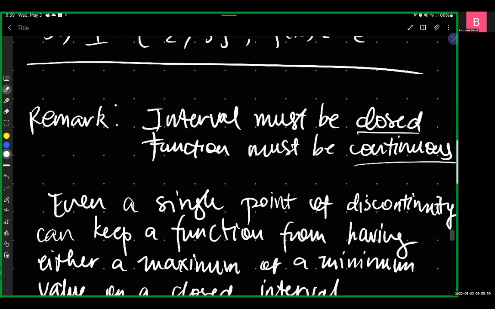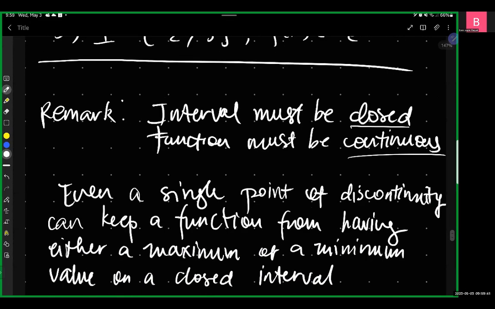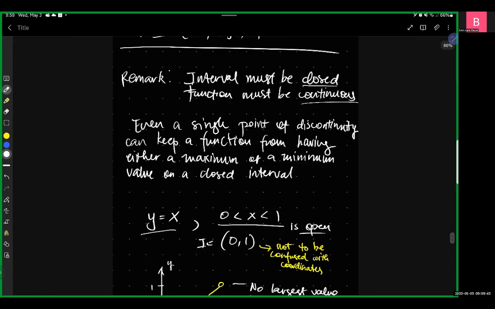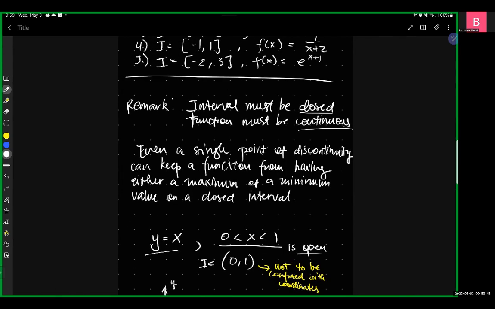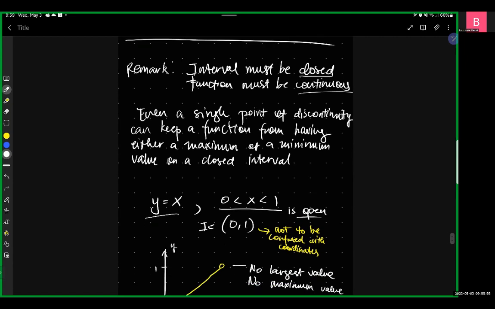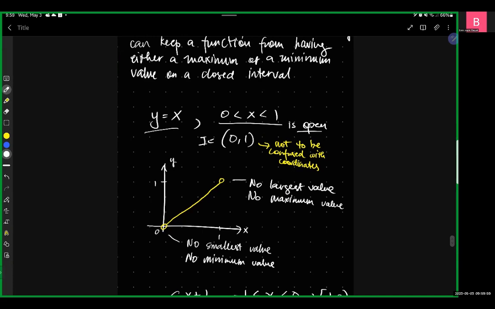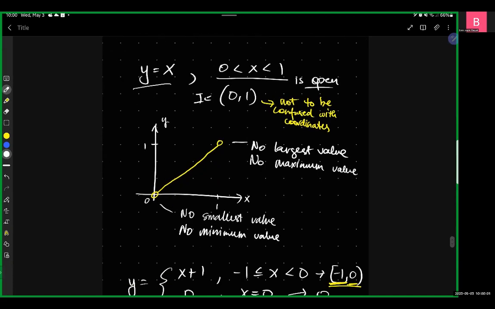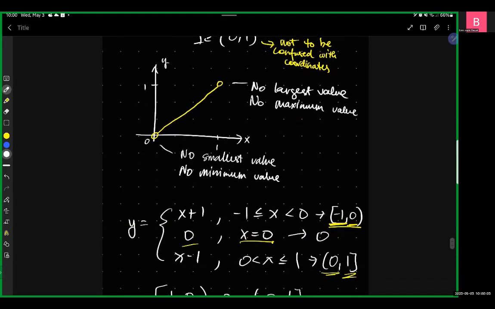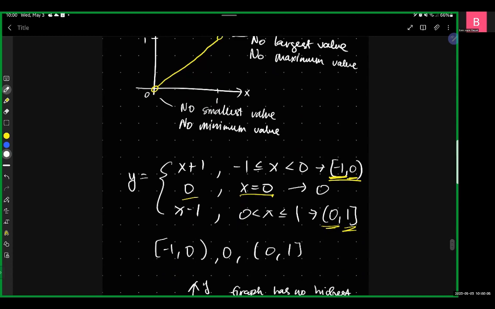Again, I have given remarks, and these remarks are important. They are like notes: take note of something, look for this, look for that. That's what remarks are for. Even a single point of discontinuity, I've mentioned that. Sometimes the Max-Min theorem does not apply because there are discontinuities, so it is important to check the requirements of theorems.